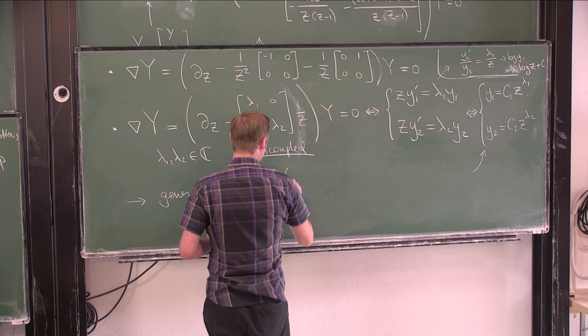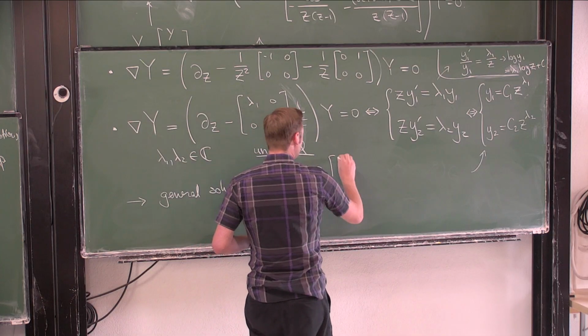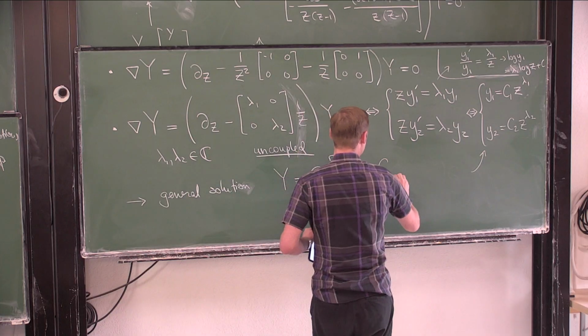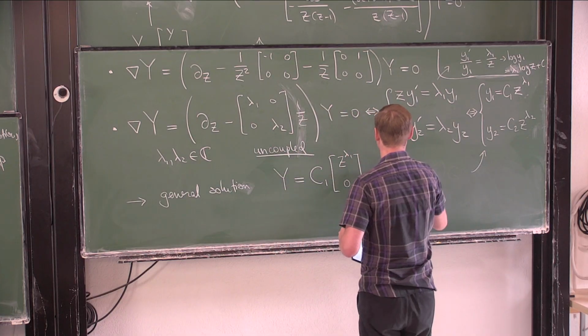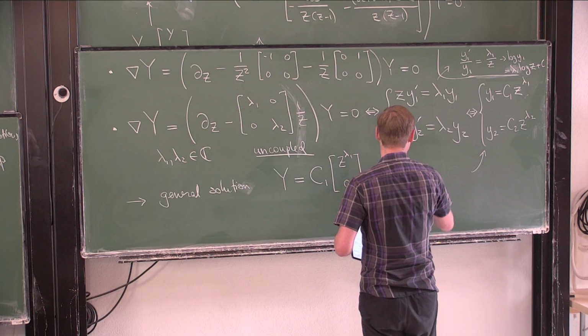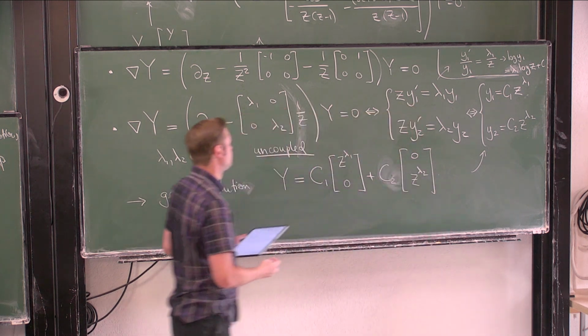So I can write it as a linear combination of the two solutions. And the two solutions are, as we found them, z to the lambda 1 and z to the lambda 2.